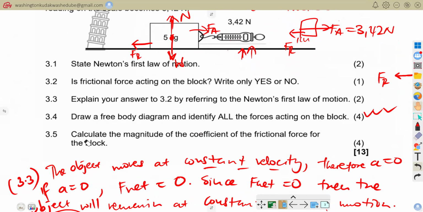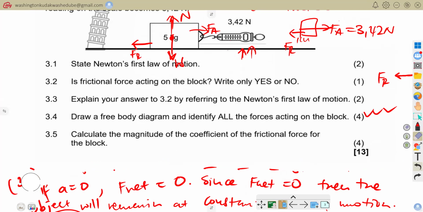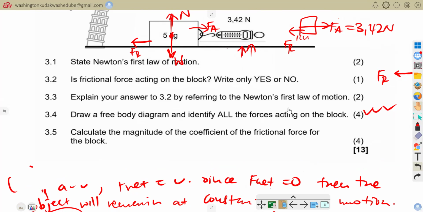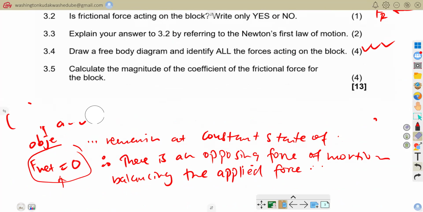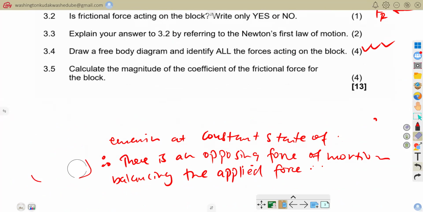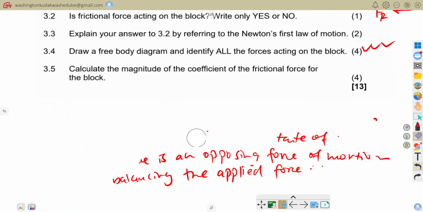So this one is saying calculate the magnitude of the coefficient of the frictional force for the block. So they want us to calculate the coefficient of friction, or the coefficient of frictional force, that is actually acting upon that object.